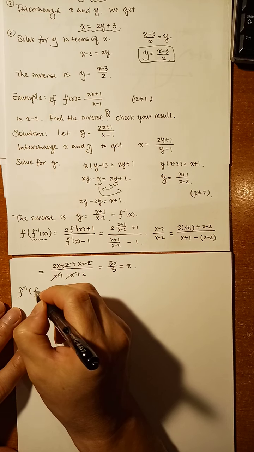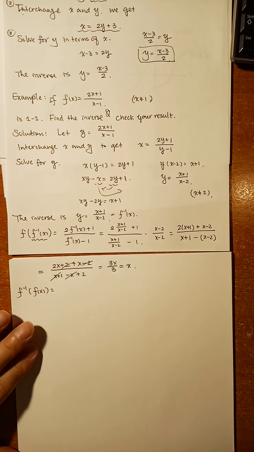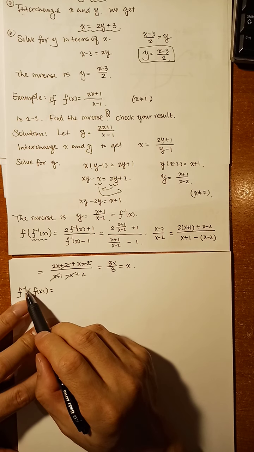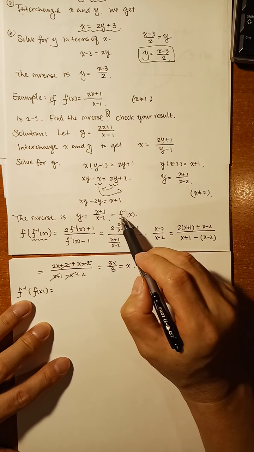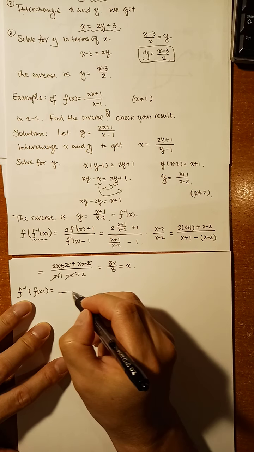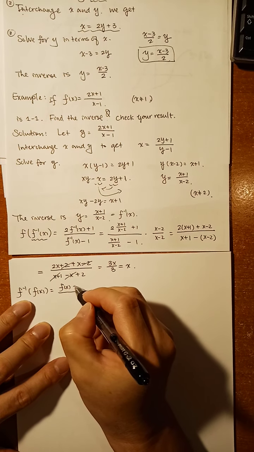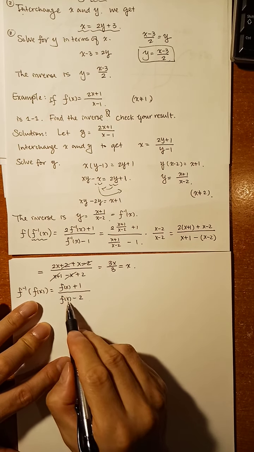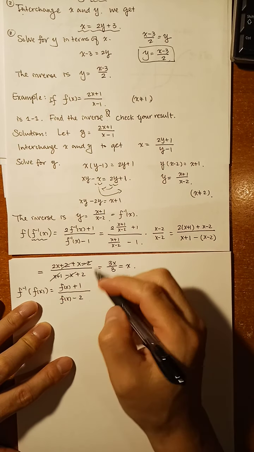And for the other one, f of f inverse of x, we're going to do similar steps. So here's f inverse of x, you have (x + 1)/(x - 2). Just put the input in the position of x.